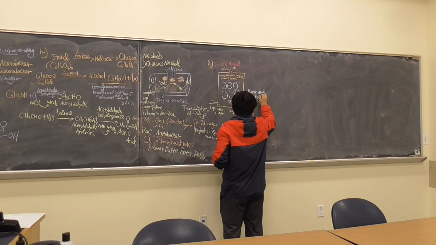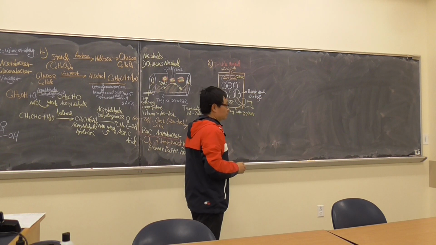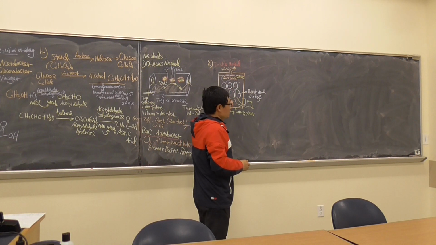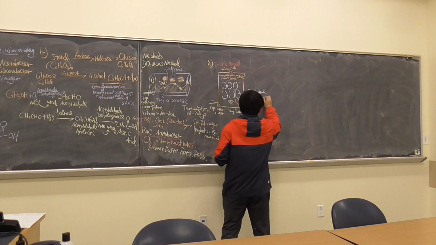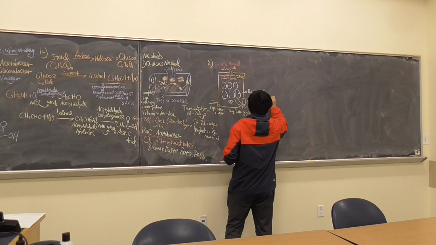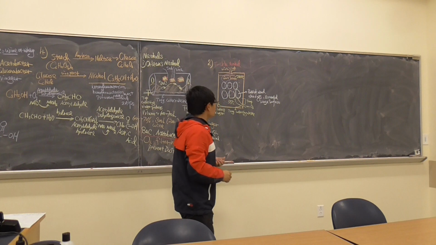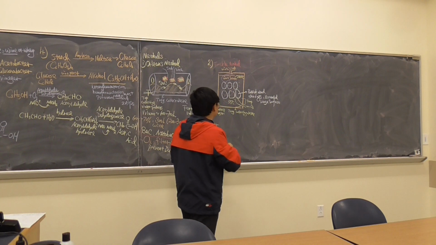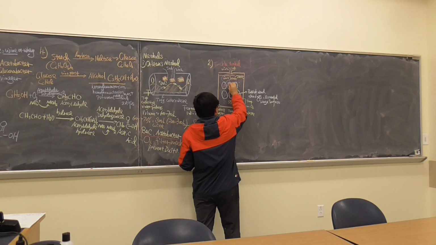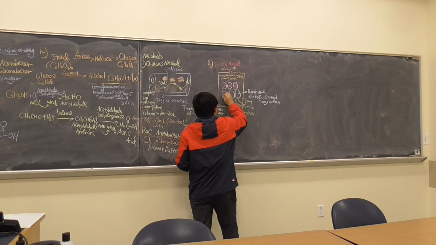So what's the function of the beechwood shavings? Beechwood shavings have a very large, extended surface area. The large surface area will let the bacteria grow. The bacteria will inoculate, and they're going to attach to it.